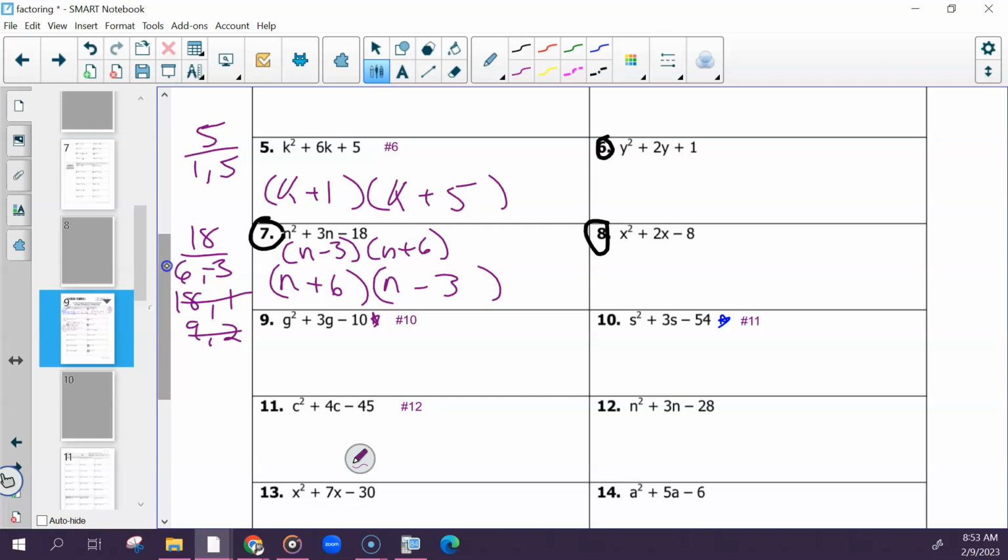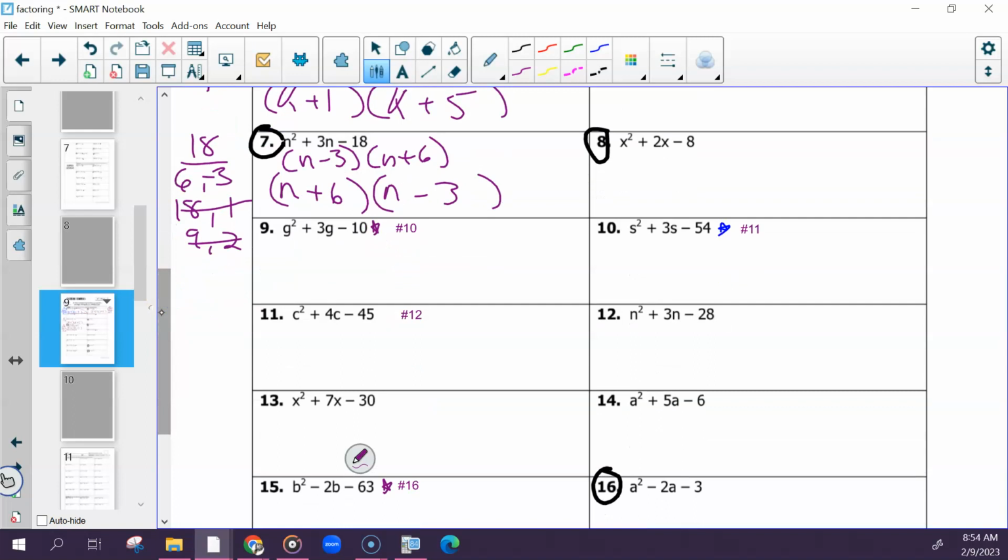Let's try 10. Factors of 54. And if you don't know all your factors of 54, start dividing on your calculator by 2, by 3, by 4. Keep going. Say that one more time. 2 times 27. Okay.